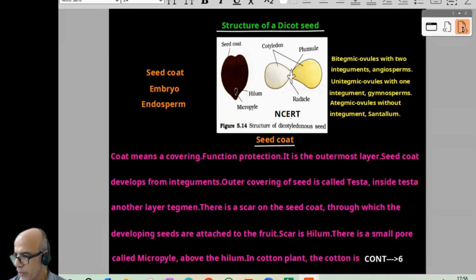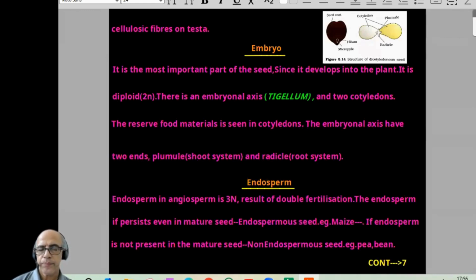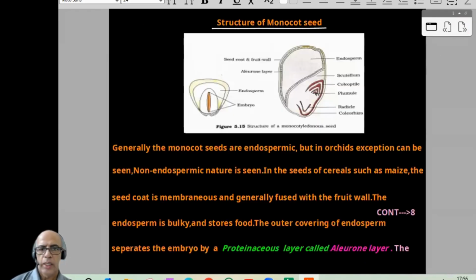Then we entered into embryo, diploid, embryonal axis, hypocotyl, two cotyledons, then endosperm, 3N, function, nutritive tissue. Then endosperm persists even after maturation or is used up before maturation, so that way it is endospermous and non-endospermous seed.